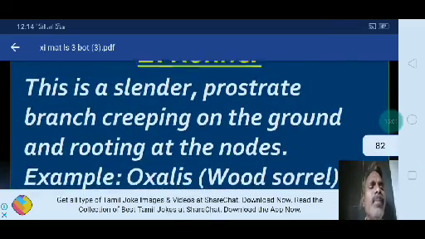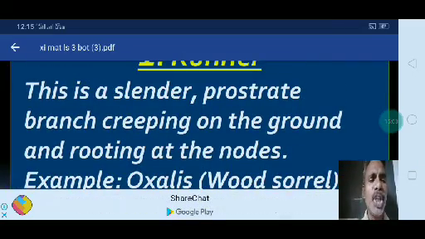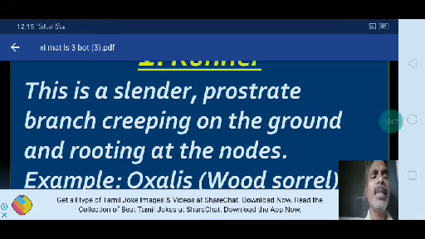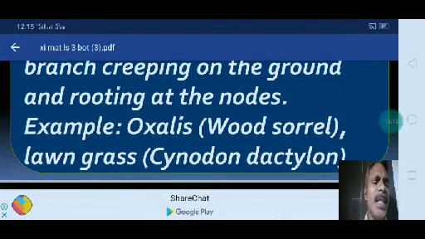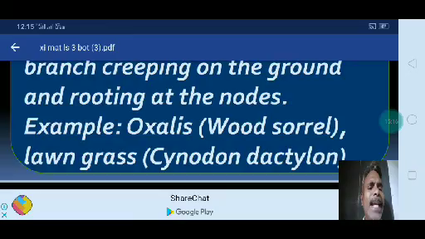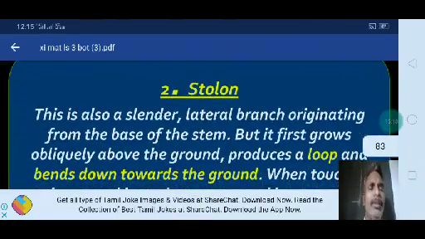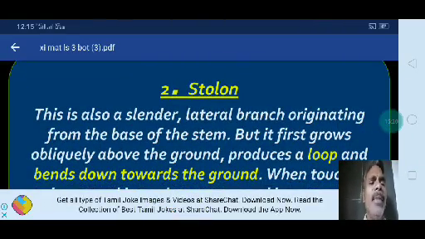A runner is a slender, prostrate branch creeping on the ground and rooting at the nodes. Example, Oxalis, wood sorrel, Cynodon dactylon, Bermuda grass. Then stolon. Another modification is stolon.